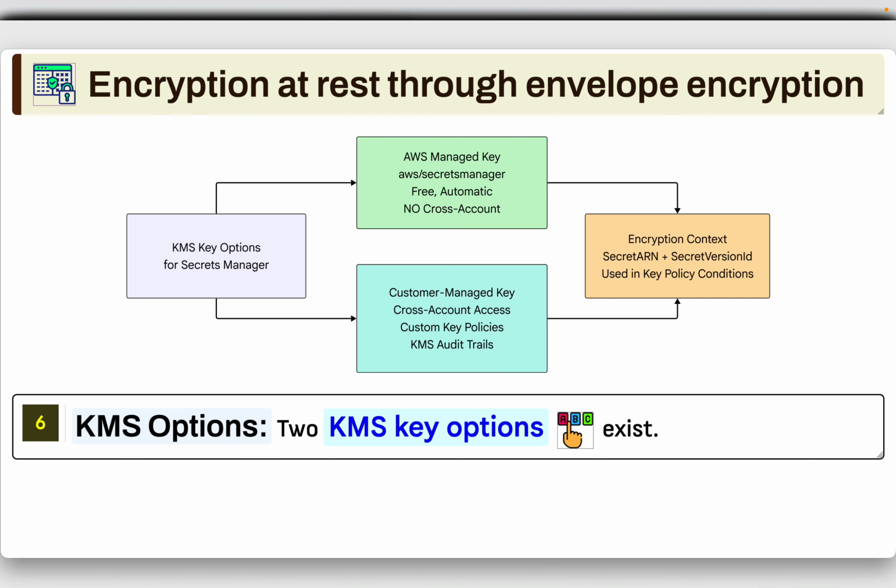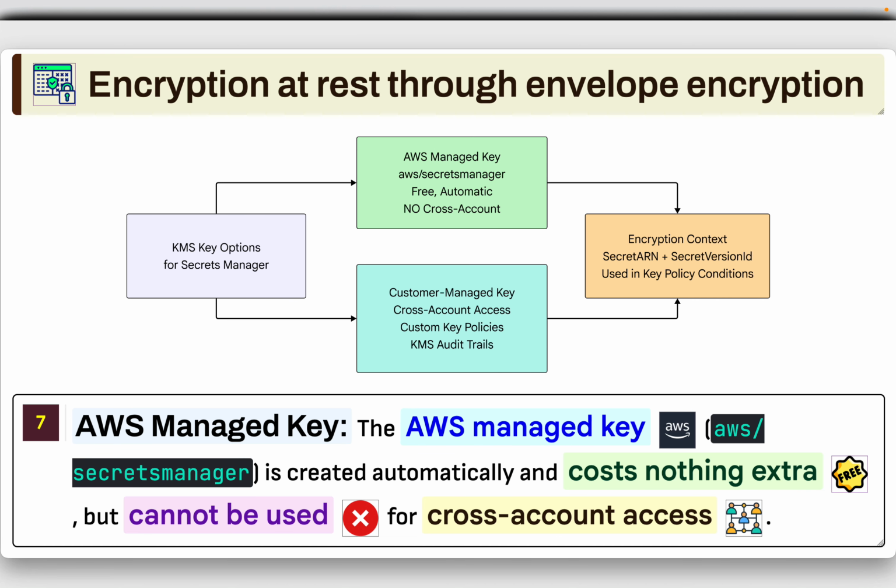So KMS options. Two KMS key options exist while encrypting your Secrets Manager value. First one is the AWS managed key. The AWS managed key, which has the prefix aws/secretsmanager, is created automatically and costs nothing extra, but cannot be used for cross-account access.